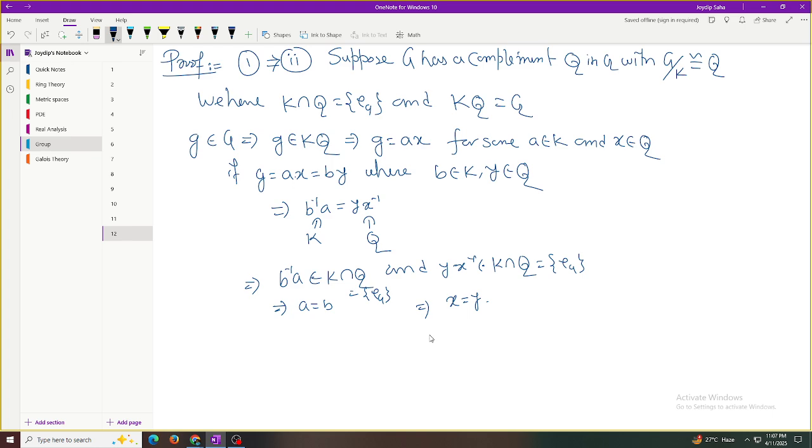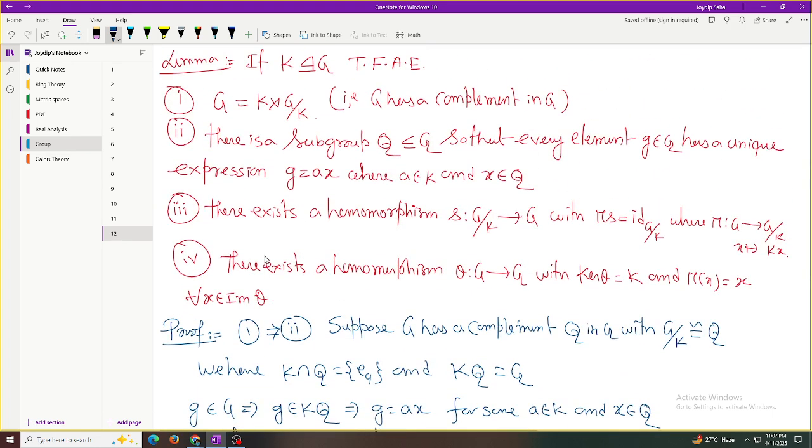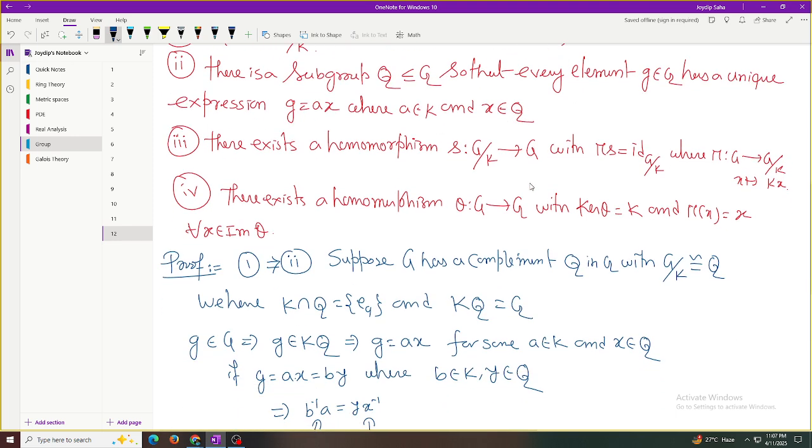So X equals Y. So every element has a unique expression. This proves 2 implies 3.